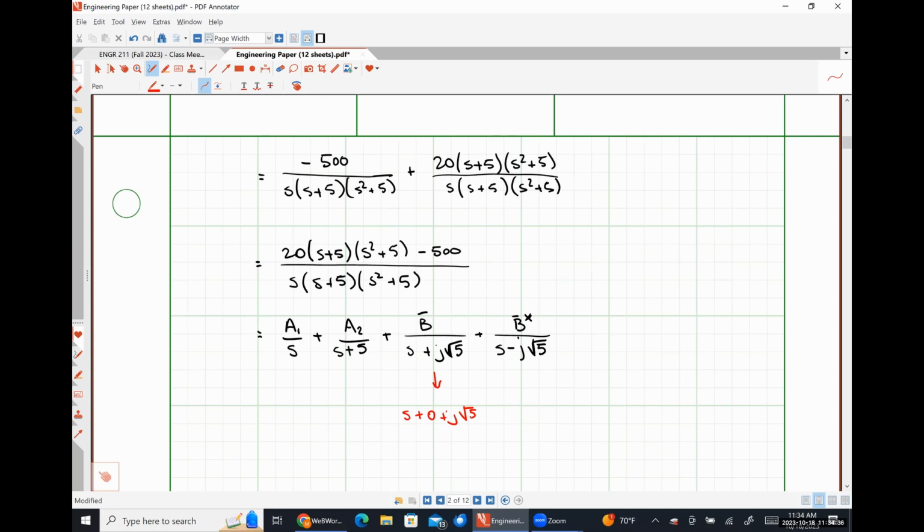I was trying to think about whether or not, and I don't know whether or not this would be valid, literally just leaving this as a term with S squared here, because the inverse Laplace transform of 5 over s squared plus 5 would be the sine, the cosine of square root of 5t.